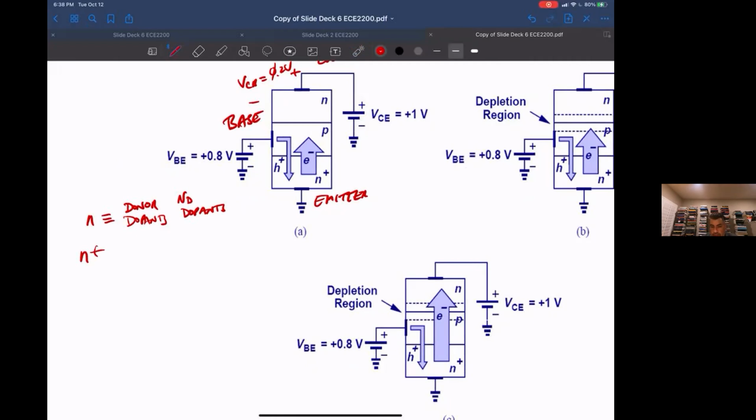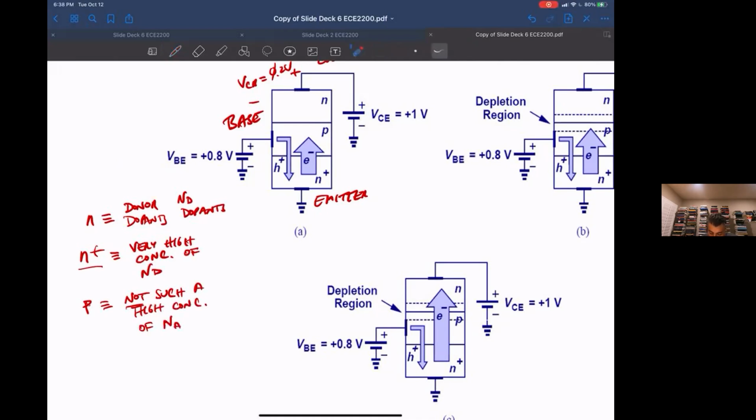It's a relative shorthand notation. It just basically means a very high concentration of N sub D on that N side. And when you don't have a plus in front of the N or the P, it means not such a high concentration, in this case of acceptors.